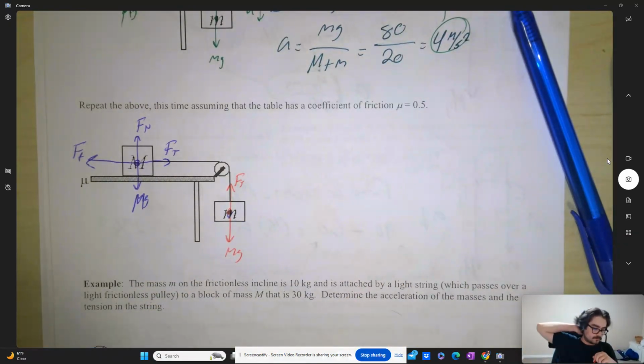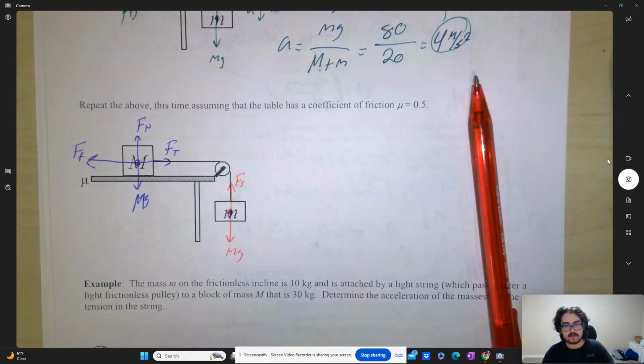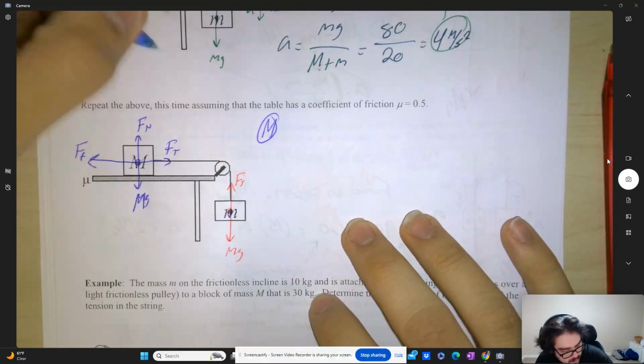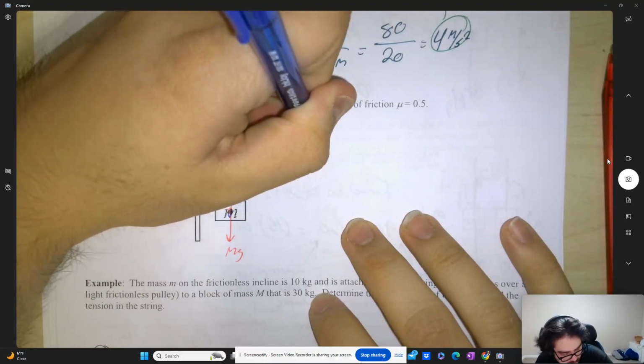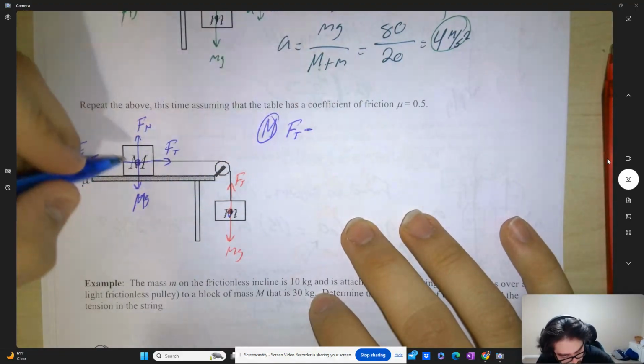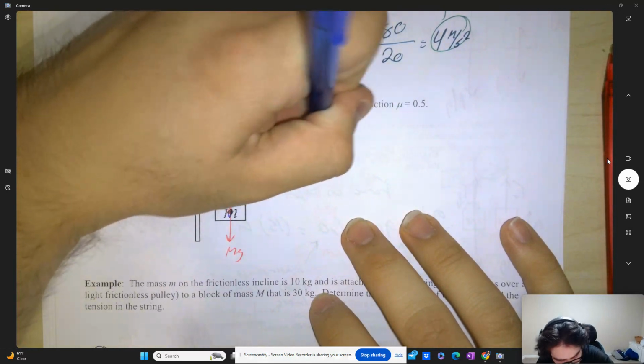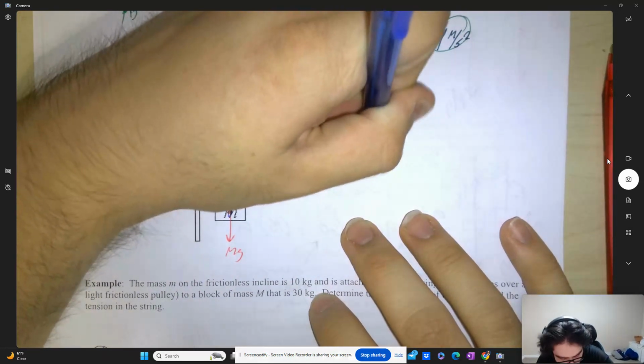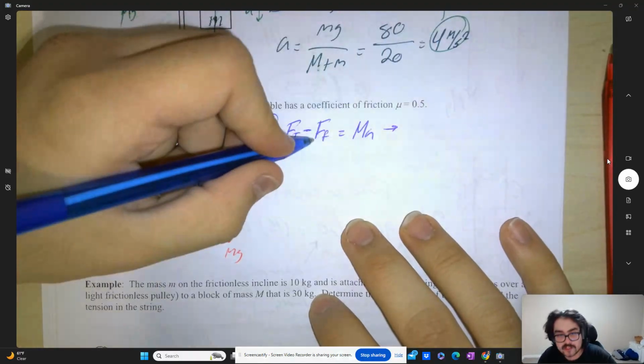When I start making my expressions, capital M is Ft minus the force of friction equals capital Ma. And I'm actually going to write this out with the friction expression in there.